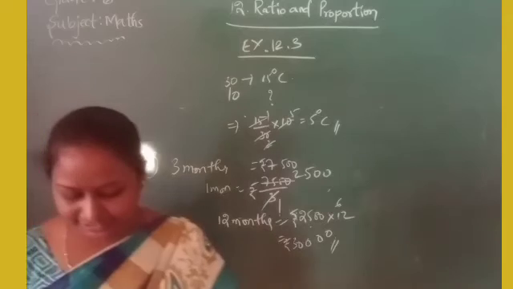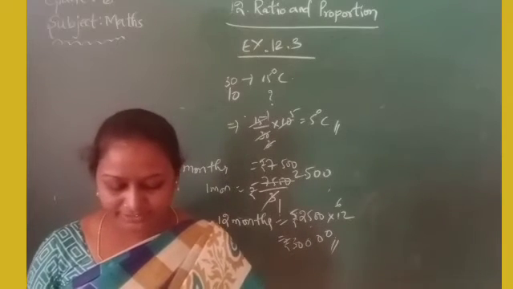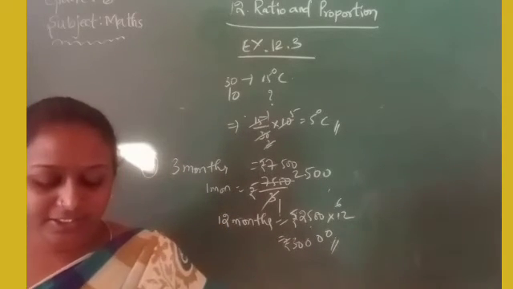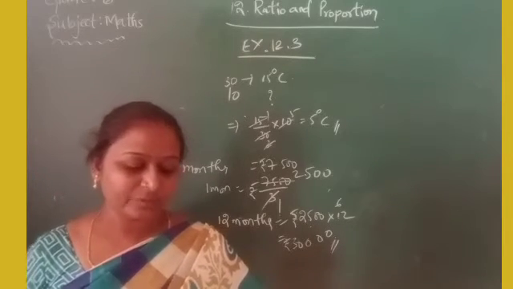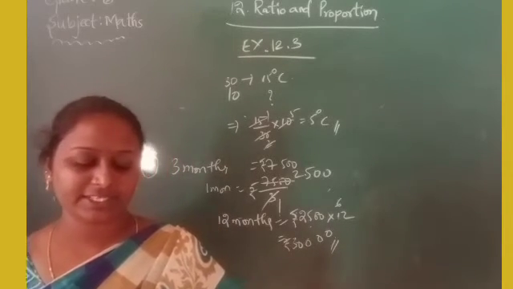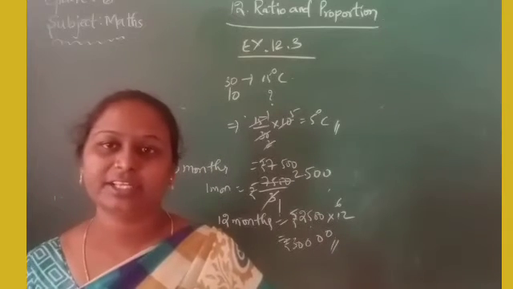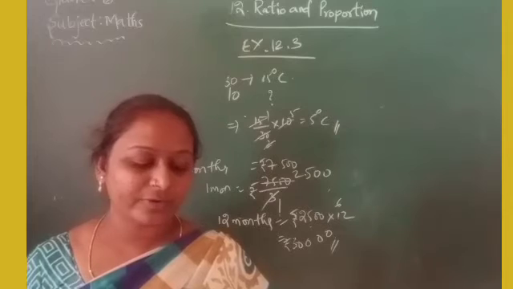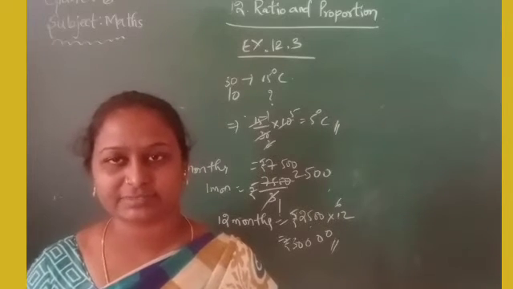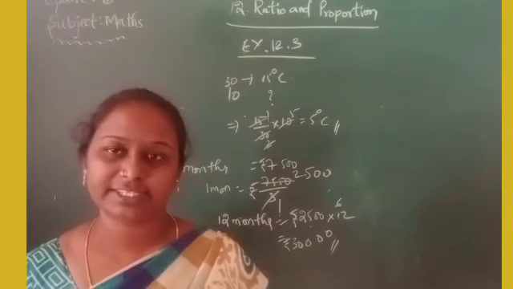Right. Next, see the 7th question. The cost of 4 dozen bananas is 60 rupees. How many bananas can be purchased for 12 rupees 50 paise? Here, 4 dozens. 1 dozen means how many things? 12.